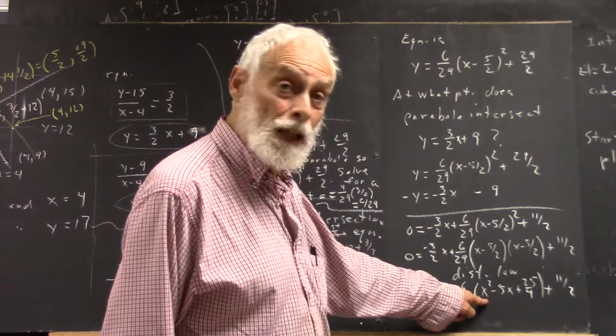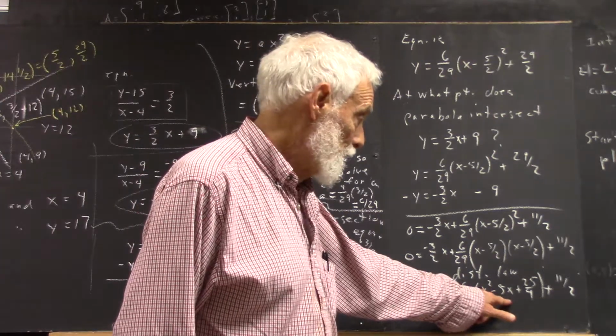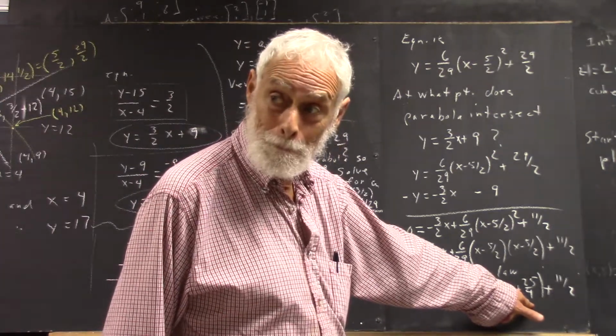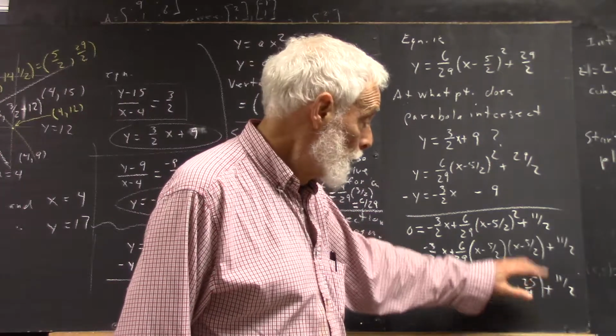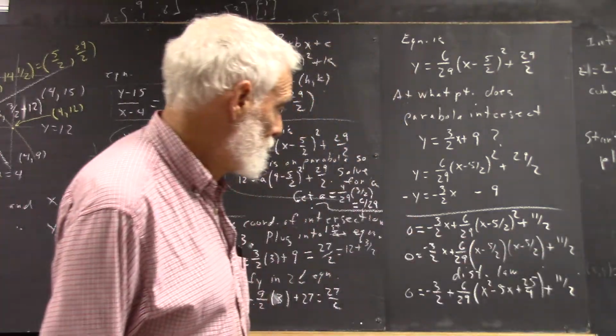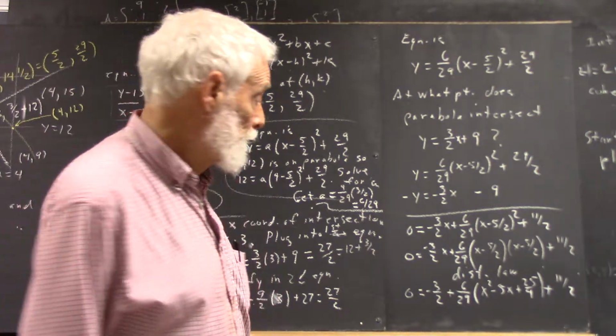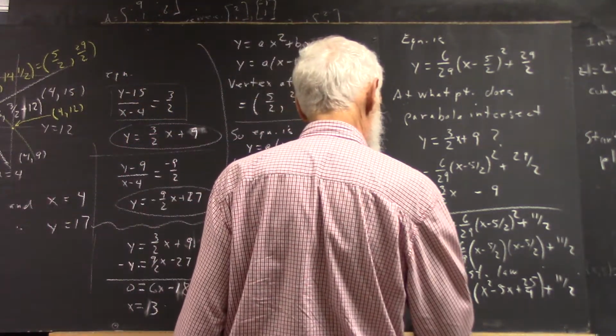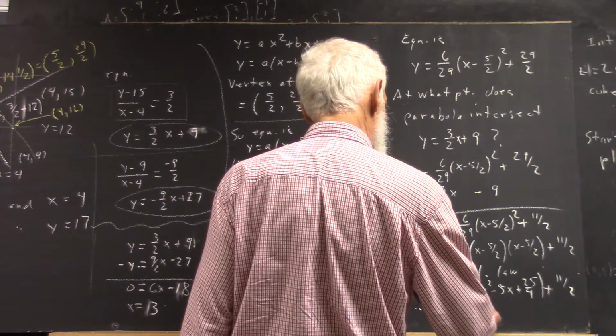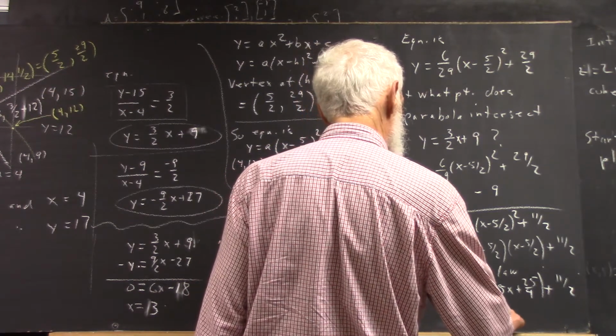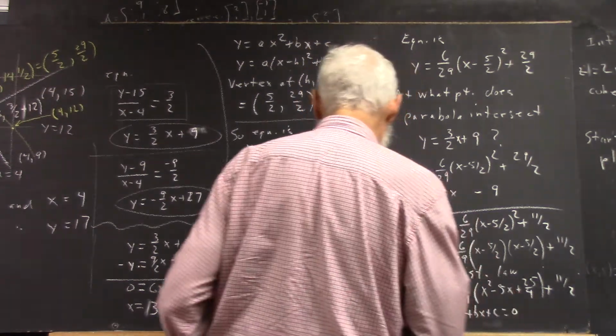And I'm going to get something times x squared and something times x and some number, right? And then whatever number I get from this adds to the 11 halves and the negative 3 halves, right? And all of a sudden, I have the form ax squared plus bx plus c equals 0.